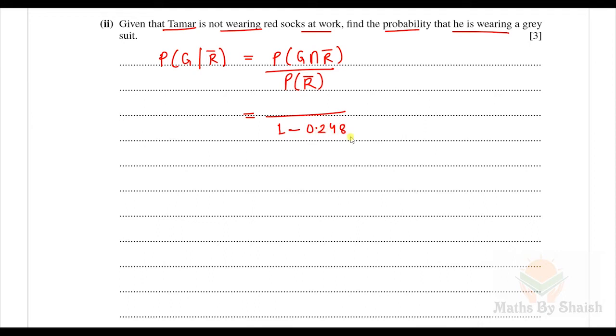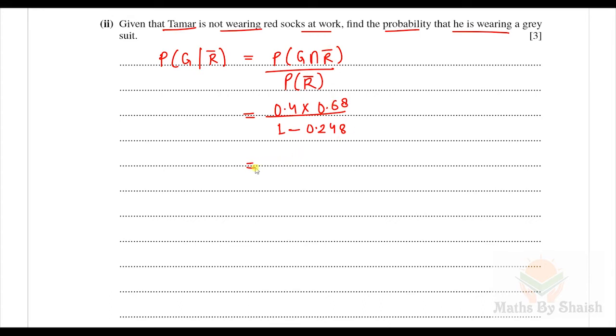And for the numerator, the probability that he wears a gray suit and not red socks: the probability of gray suit is 0.4, and intersection means and he is not wearing red socks, which is 1 minus 0.32, that is 0.68, because it is given that when he wears a gray suit, the probability of red socks is 0.32, so not wearing it is 0.68.